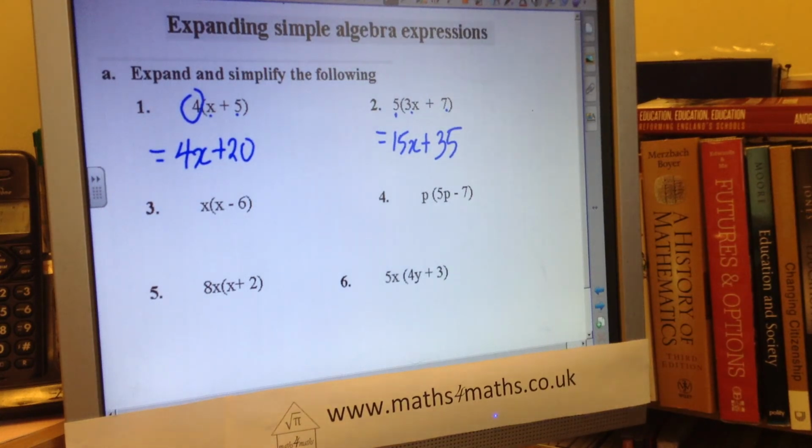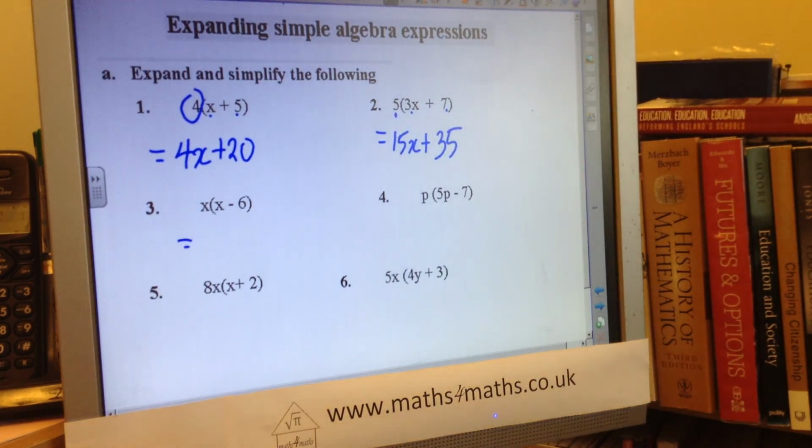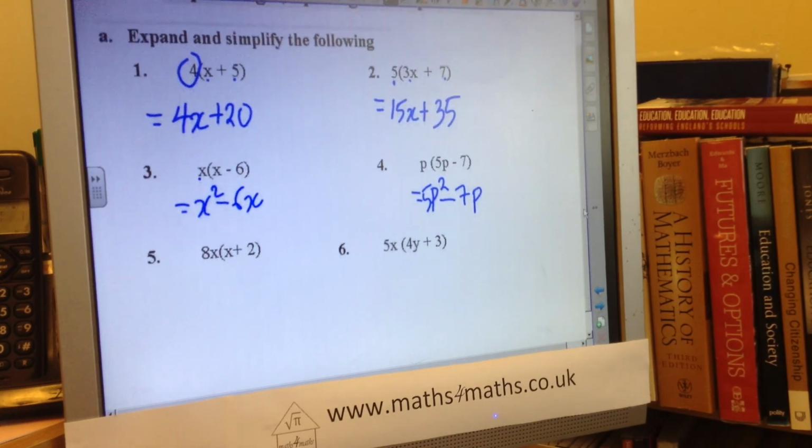Over here we have x times x will give us x squared, and x times minus 6 will give us minus 6x. p times 5p will give us 5p squared, and p times minus 7 will give us minus 7p. 8x times x will give us 8x squared.